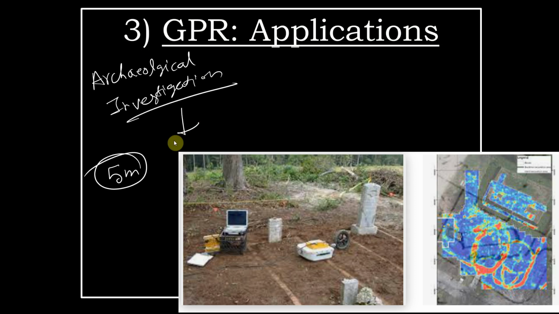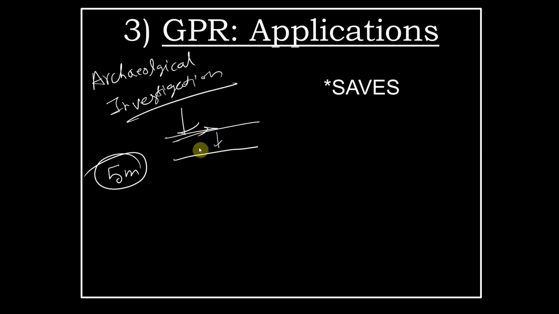Now if you know at which location your artifacts are situated, then you can easily dig. Without going blindly, you can do a GPR survey and find that at 2 meter you have this artifact, so you can easily dig out this 2 meter location. Suppose it's a huge area, it will cost your time and effort.